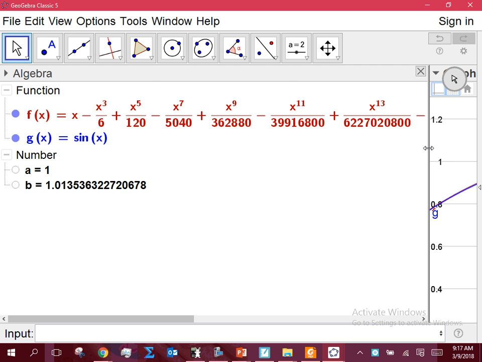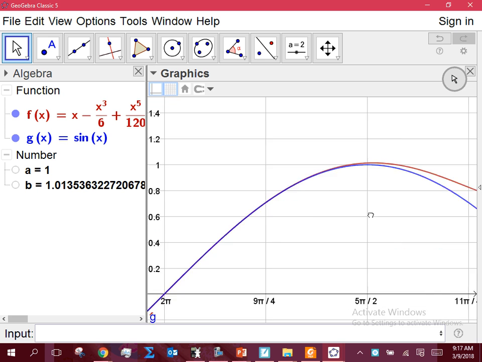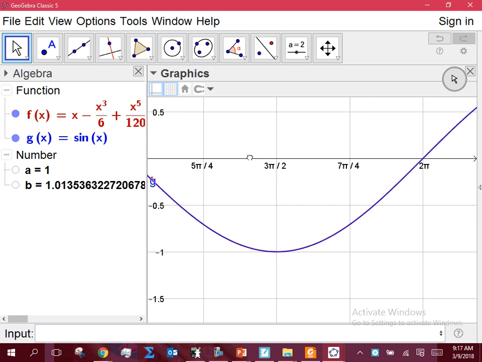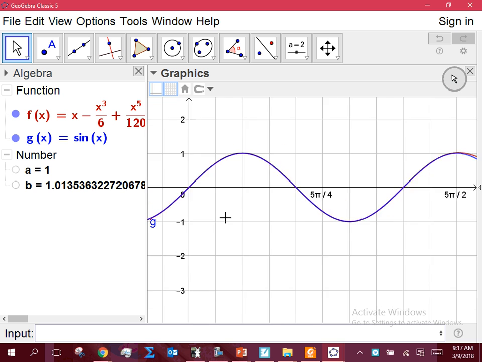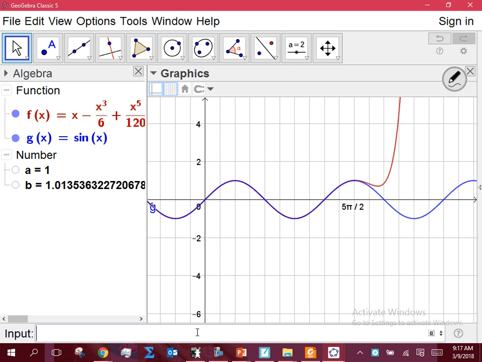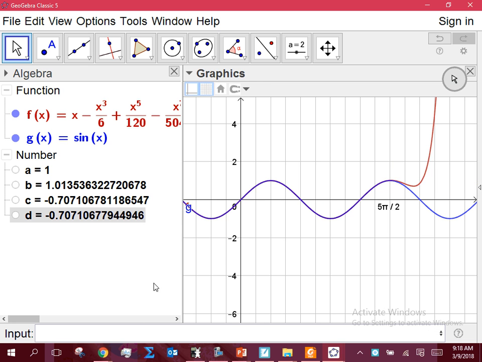For instance, what is nice about this now, if instead of using 5 pi over 2, let's use 5 pi over 4. If I say g of 5 pi over 4, so that is sine of 5 pi over 4, it gives me that number right there, right? If I do f of 5 pi over 4, it's pretty much the same number, isn't it?